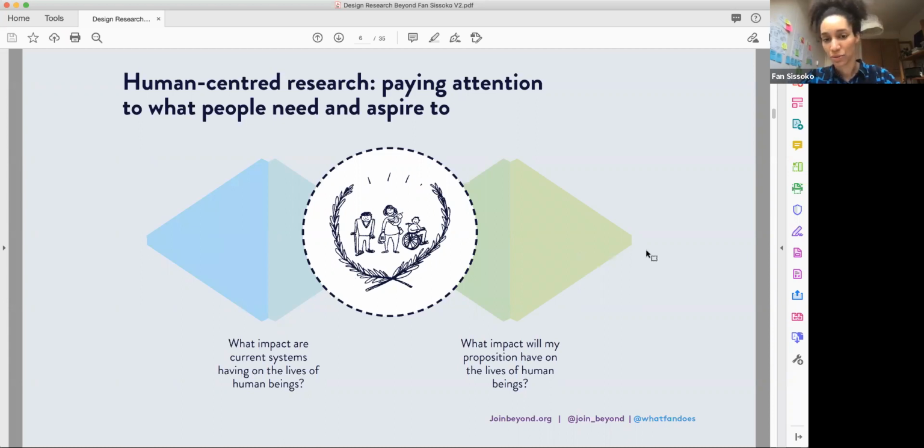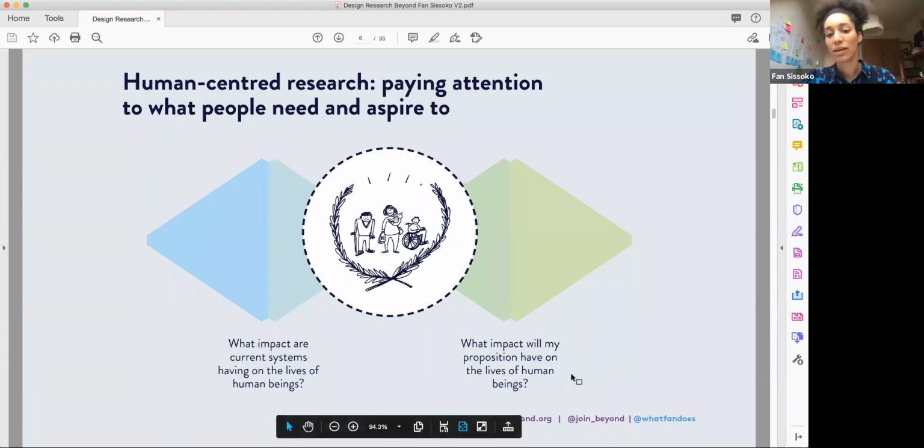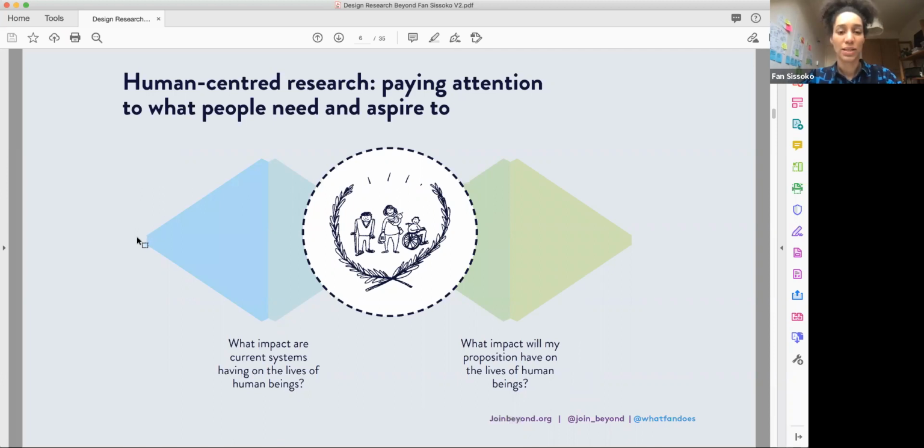And when you move on towards the solution space, the question becomes what impact would my proposition or my idea have on the lives of these people. So really the idea is that you're always keeping in mind the needs and aspirations of the people you're designing for.